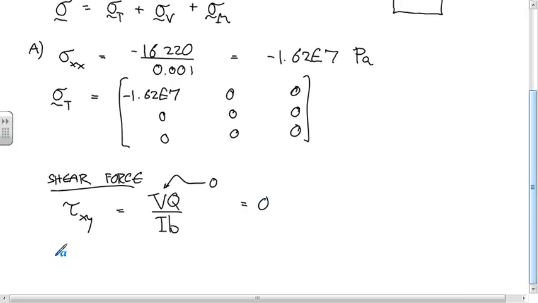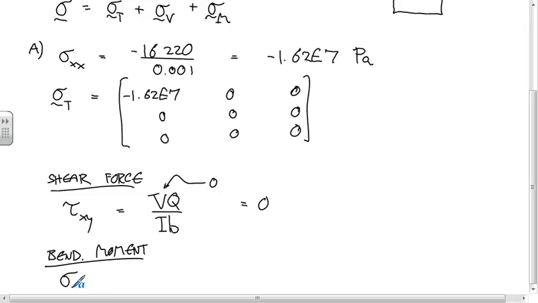And then do the bending moment. What type of stress comes from a bending moment? Normal. And in this case, to calculate that, we would have to calculate I. But at the neutral axis, remember the definition of the neutral axis is that you don't have any stress or strain due to bending.